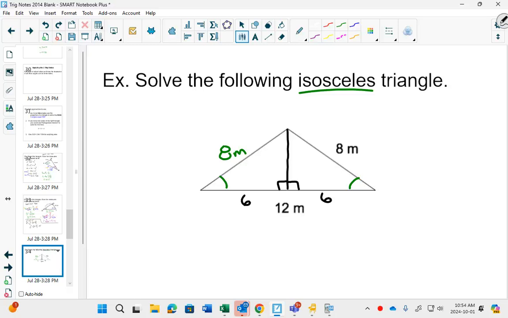And this works with isosceles triangles only. When you draw that straight line down, you're going to split it up perfectly in half. So this side is going to be 6, and this side is going to be 6. And from here, you can now find, put a theta here, theta. So see if you can have that one solved for tomorrow.